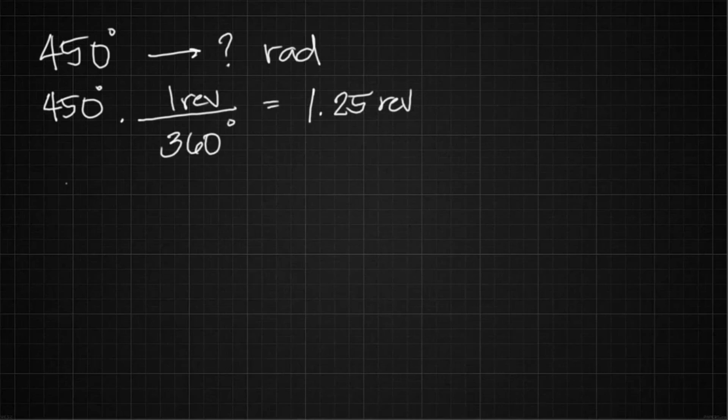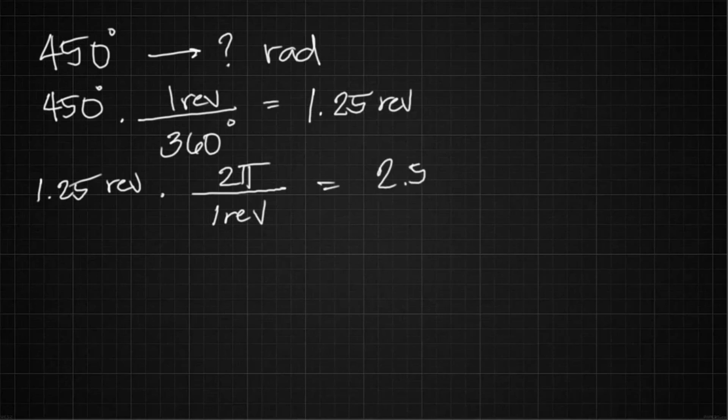Now let's convert the answer, which is 1.25 revolutions, into radians. Now we want to cancel out the unit revs, right? So in order to do that, we will put the conversion factor of revolution on the denominator and the radians on the numerator, so that we could arrive at the final answer of 2.5 pi radians.